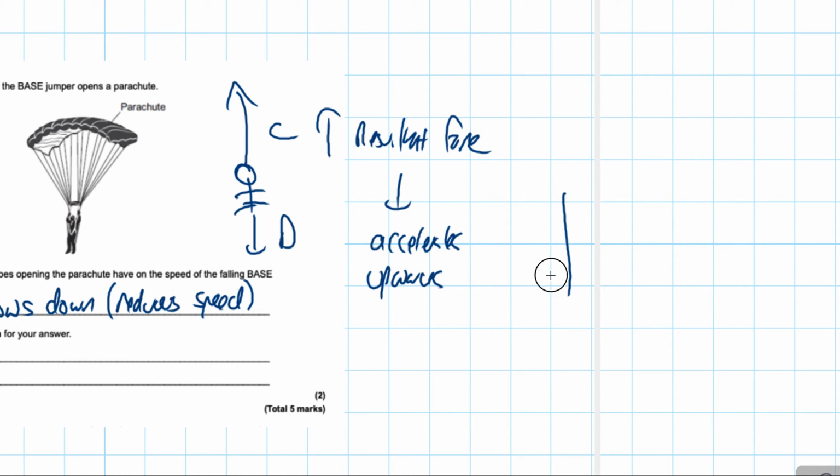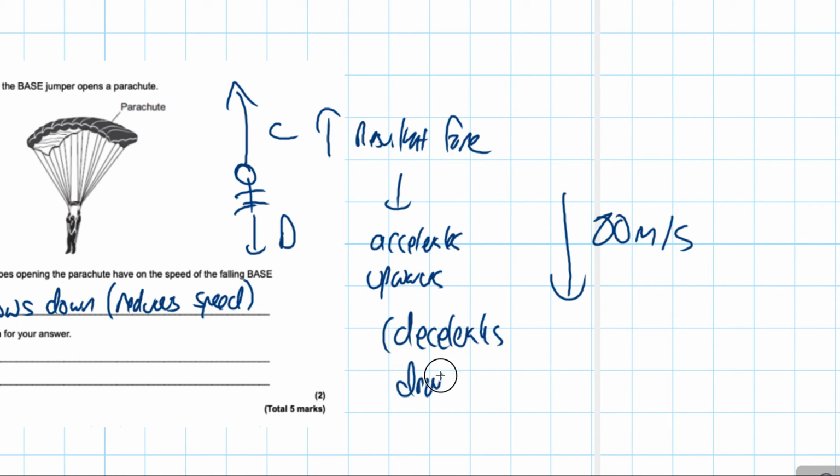Now, what does it mean by accelerate upwards? Well, originally the object is traveling, let's say at 80 meters per second. If it accelerates upwards, that means it decelerates downwards. So it slows down because it's already traveling in that direction. So therefore, your new speed might be 40 meters per second because the force upwards is bigger.